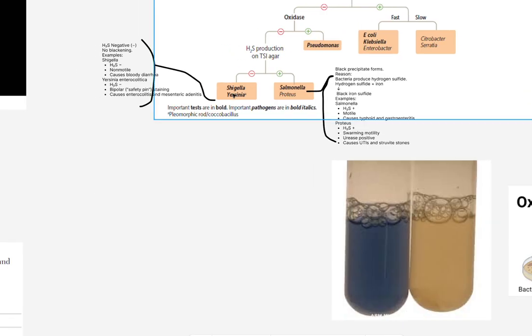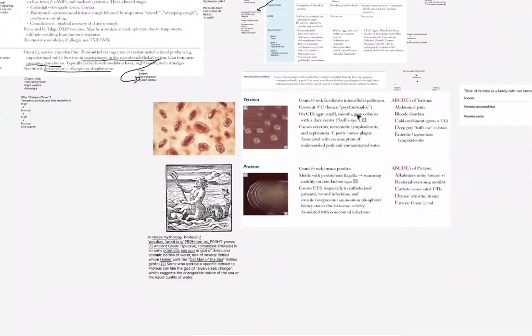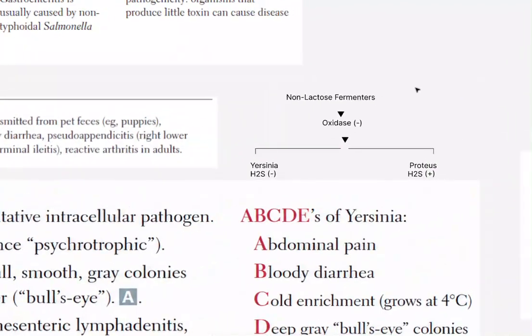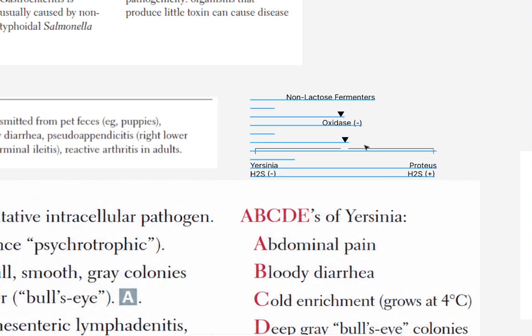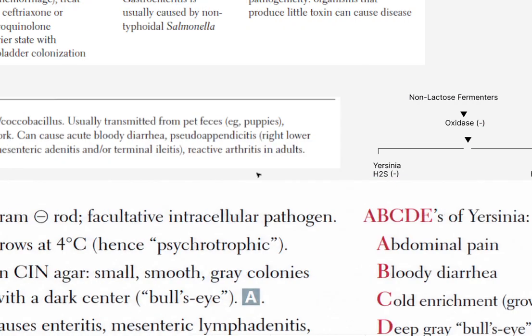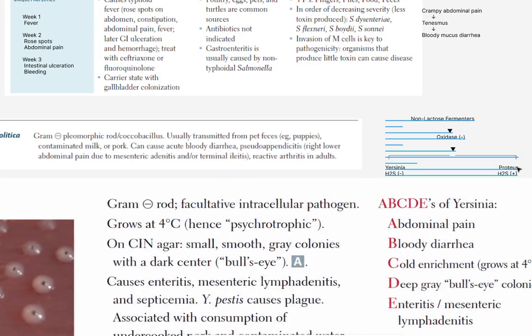So let's go on to the Yersinia and Proteus. Let's talk about these non-lactose fermenters, right? So they're oxidase negative, and the Proteus basically produces the H2S gas on the triple sugar iron agar, but the Yersinia does not, right? Yersinia, like Shigella, does not. Proteus, like Salmonella, does.